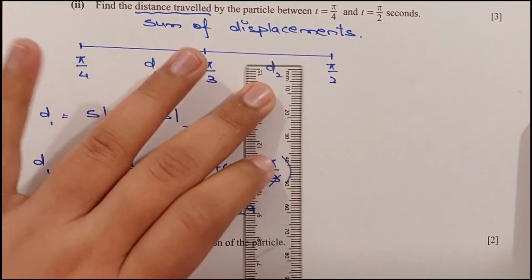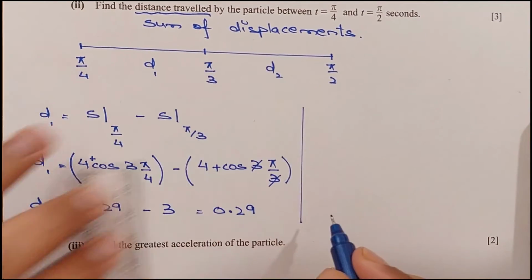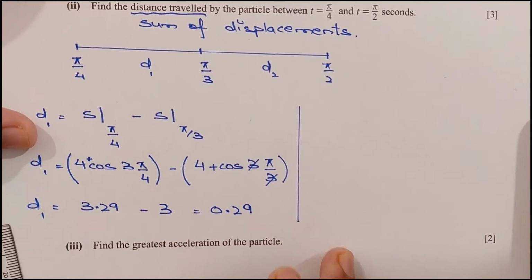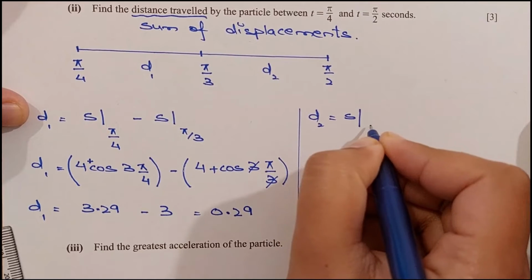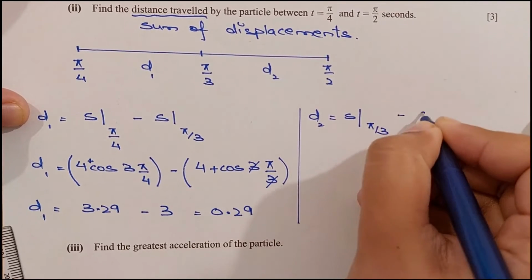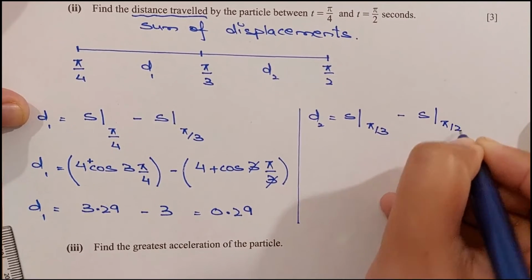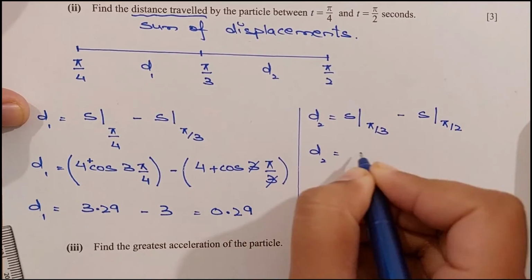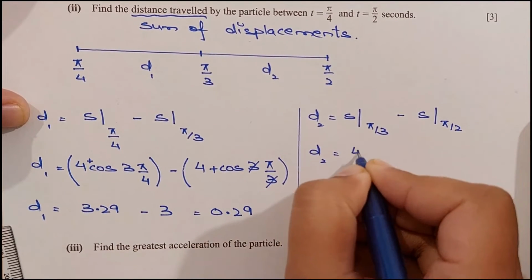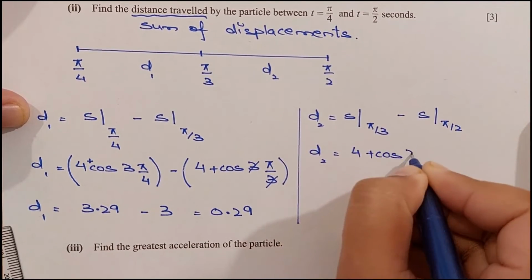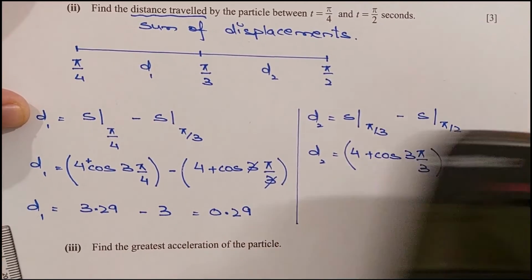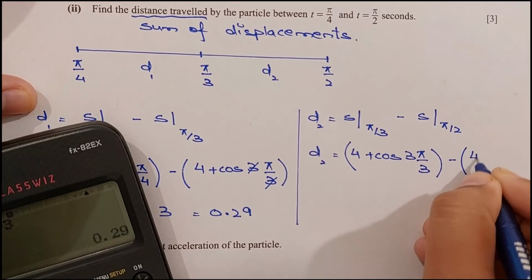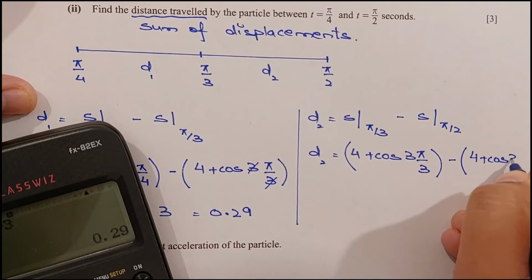Now let me find the second displacement between the time interval pi by 3 and pi by 2. We can say d2 is s at pi by 3 minus s at pi by 2. We already got this: 4 plus cos 3 pi by 3 minus 4 plus cos 3 pi by 2.